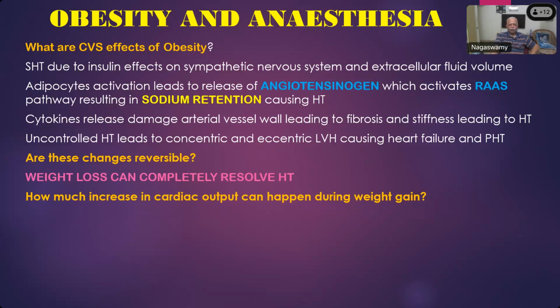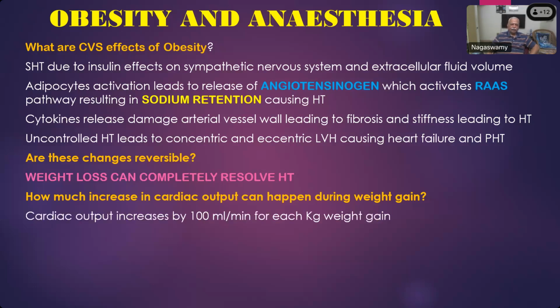How many ml per kg increase has to happen? Increases 100 ml per minute for each kg weight gain. Okay, so that is the reason why your heart also has to work more. So 100 ml per minute has to increase for every kg increase beyond your normal weight.